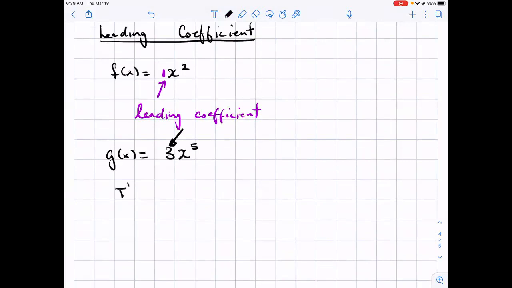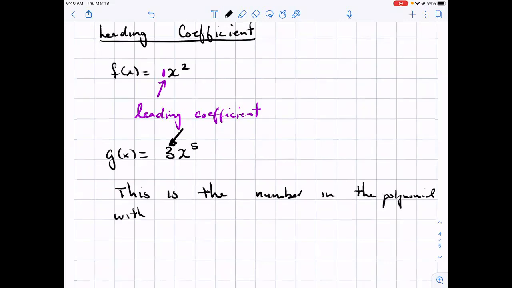So this is the number in the polynomial with the term of highest degree.